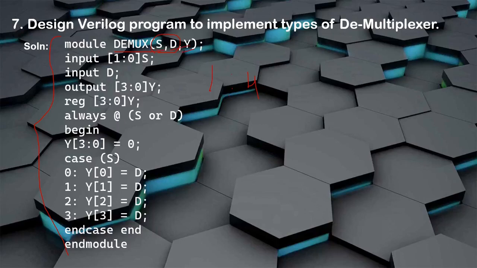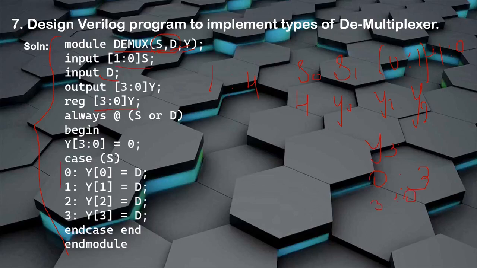As it is 1:4, we'll have two selectors, S0 and S1, one input D, and 4 outputs: Y0, Y1, Y2 and Y3. So Y varies from 0 to 3 and S from 0 to 1, which is written as [3:0] and [1:0] for the select lines.